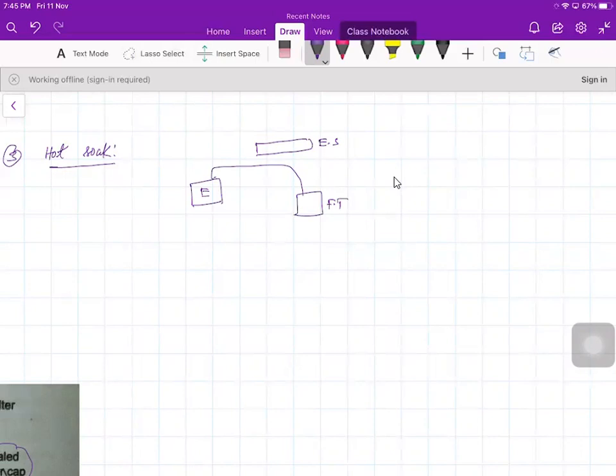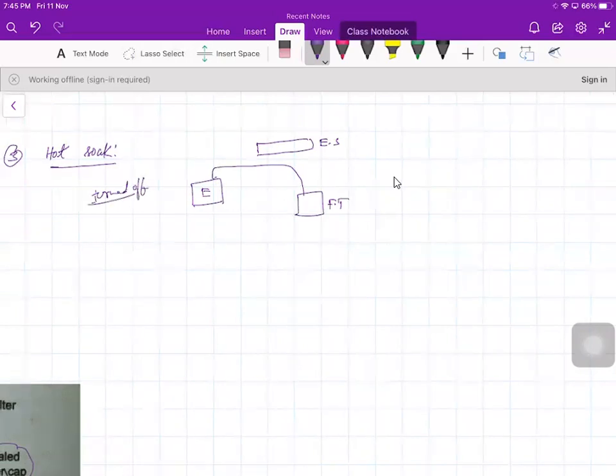Again, assume that your vehicle was running for continuous hours and then it is turned off. Even though the engine is turned off, the moment it is turned off, the temperature of the engine will not reduce drastically.